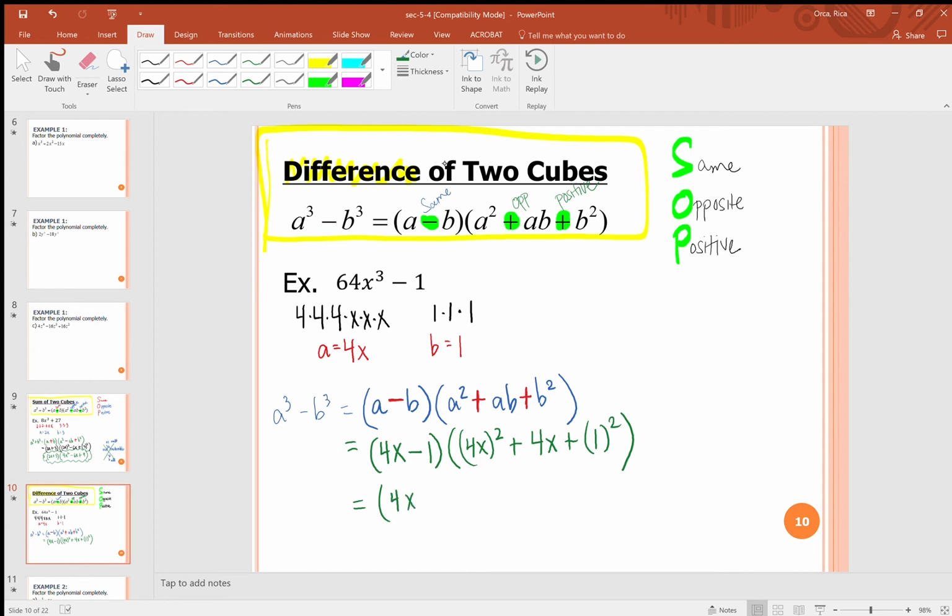That's going to give us 4x minus 1 times 4x squared. 4 to the second power is 16, x squared plus 4x plus 1 to the second power is 1. So this is our final answer. And once again, the trinomial is not factorable. So 64x to the third minus 1, when you factor it, you'll get 4x minus 1 times 16x squared plus 4x plus 1.